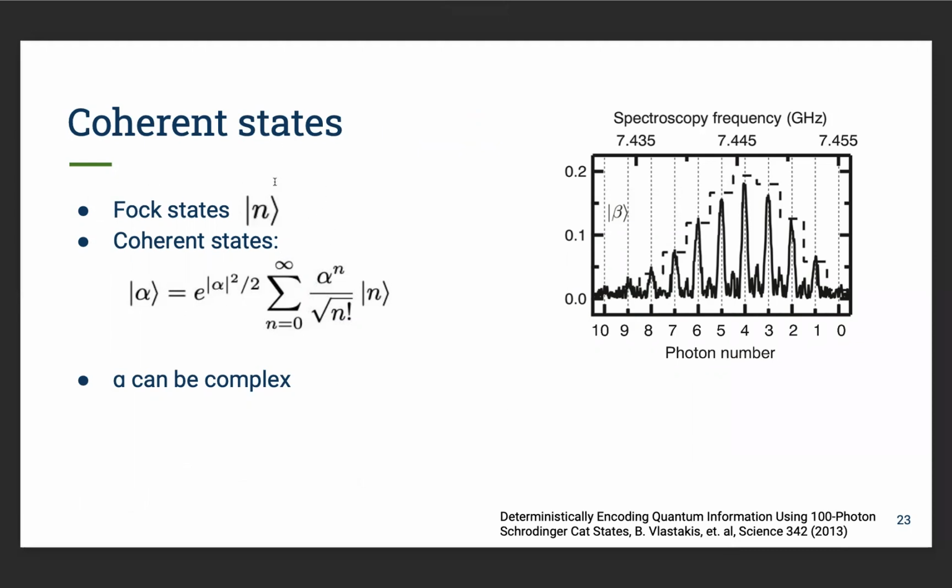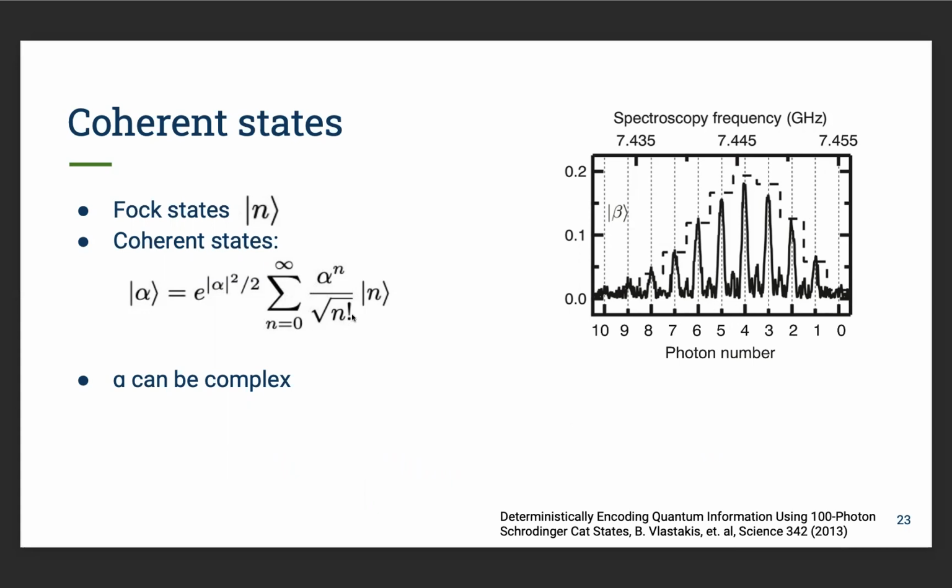So the set of Fock states is one type of basis states. Here the quantum number n represents having exactly n photons inside of your cavity. Whereas a coherent state, you have to do a summation over Fock states. It looks more like this, a sum of Fock states.